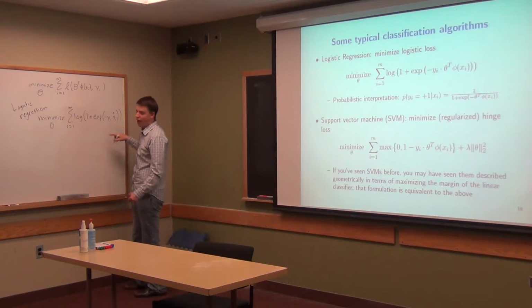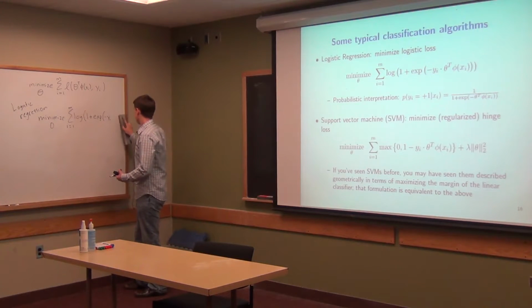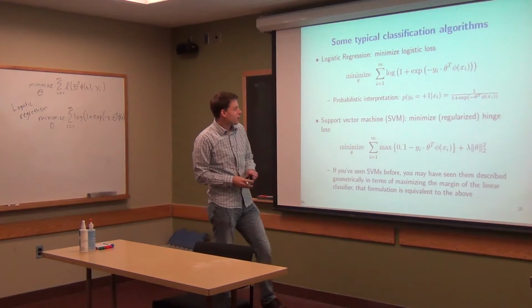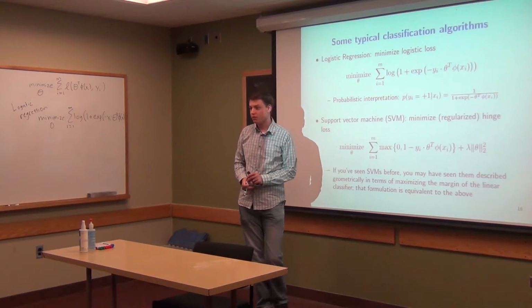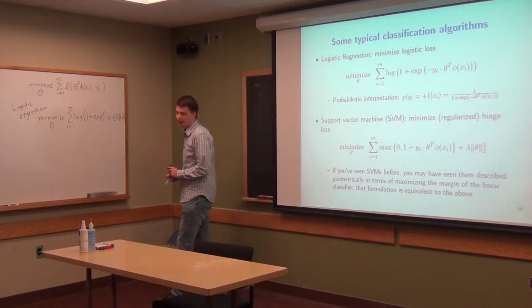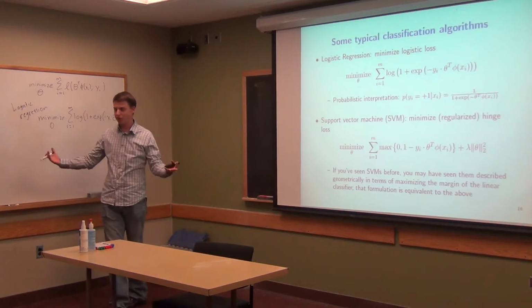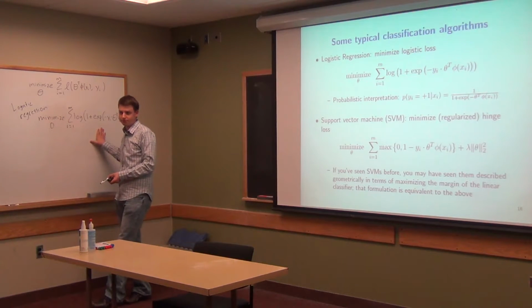But again, this y hat_i is just equal to our prediction, theta transpose x_i. So that is logistic regression. That's how you formulate it, not quite how you solve it yet. Though, again, with our nice programs like YALMIP, you can just type this in and it will solve it.